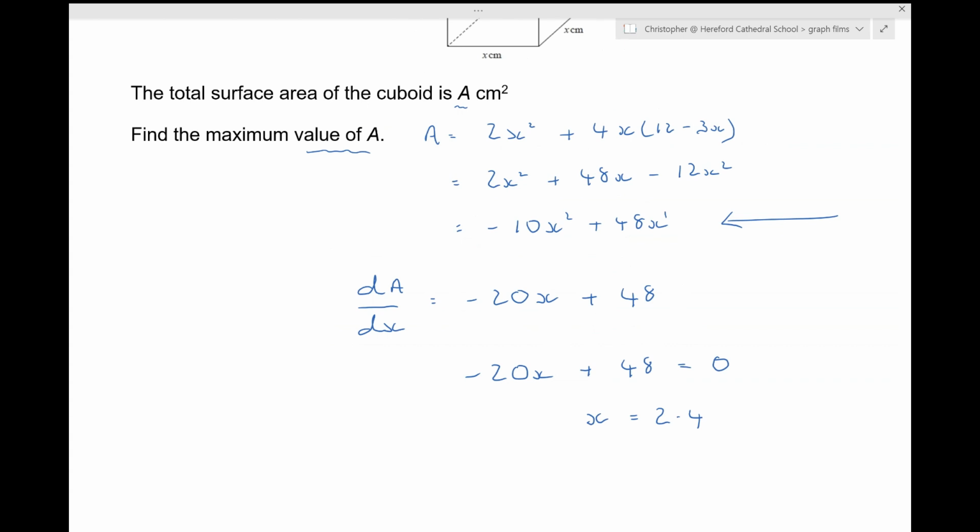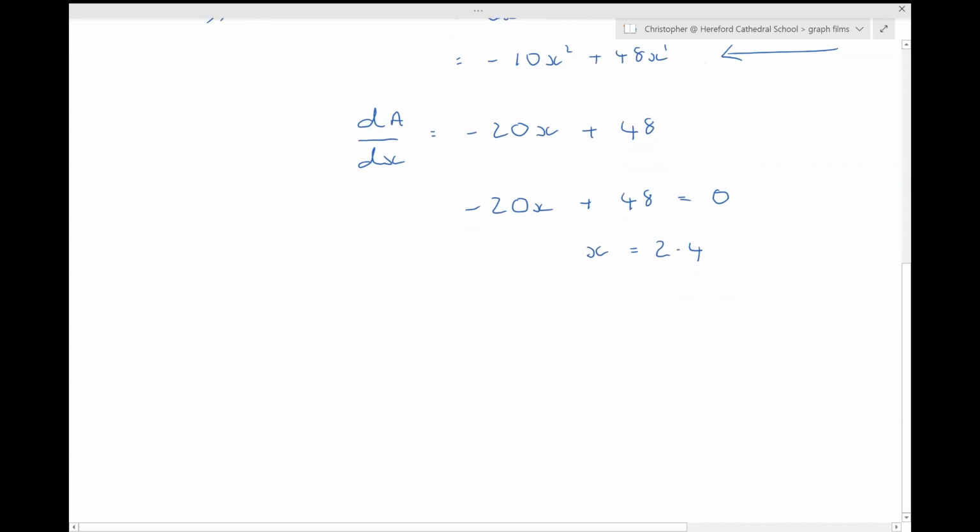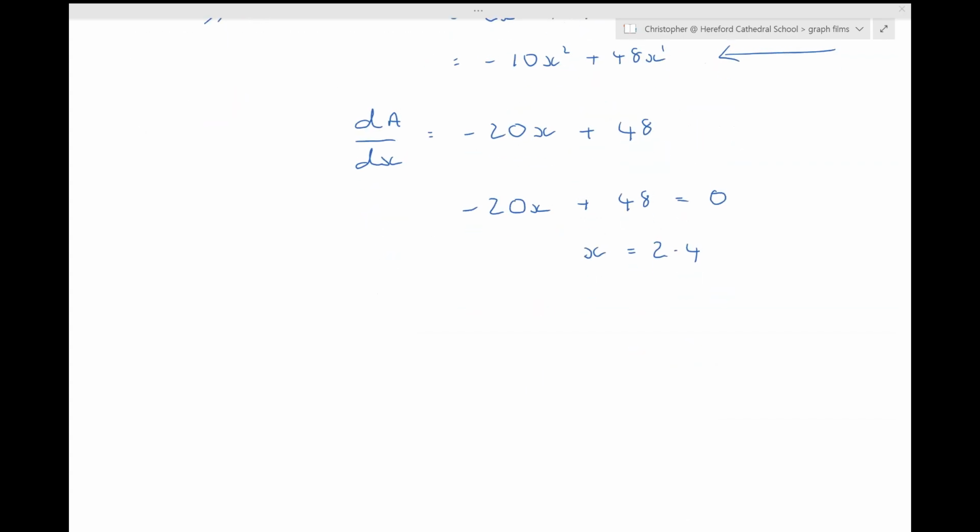I can get on and find out what that maximum value of A is by substituting x into my formula for the surface area. So I'm going to do that now. I know that A is minus 10 times x squared plus 48x, and I know that x is 2.4.